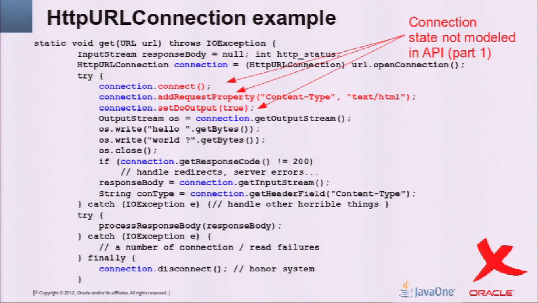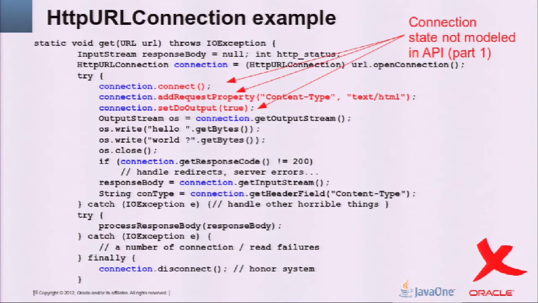Let's take a look at the example I've got here. As soon as we call connect near the top, right under the try clause, that commits the request headers and sends those to the server. In this example, I've switched around the method calls.